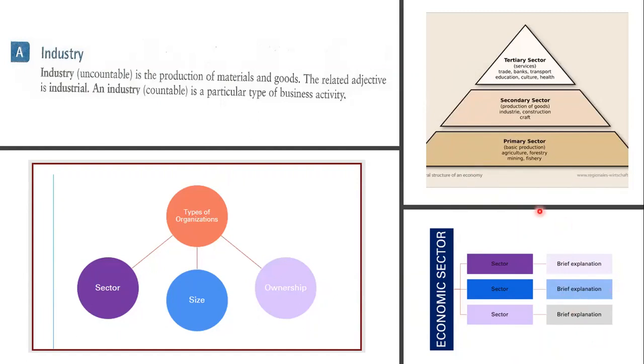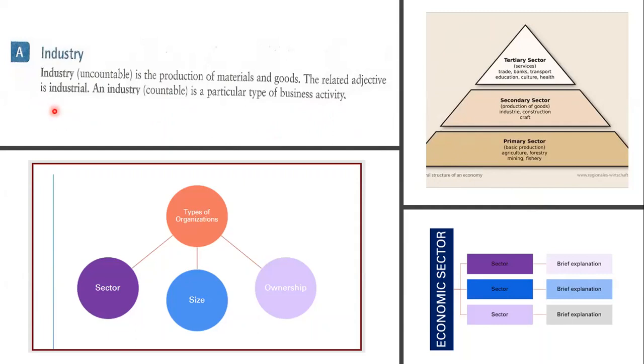Don't worry too much. Before we come back to this pyramid, let's go here to the left and read a little bit about industry. When we talk about industry as an uncountable noun, we're talking about the production of materials and goods. The related adjective is industrial.